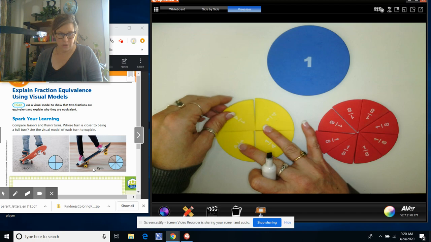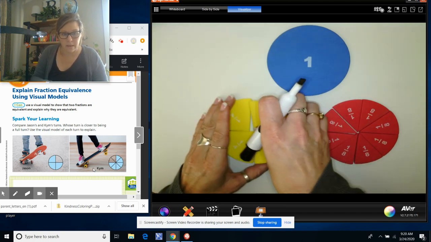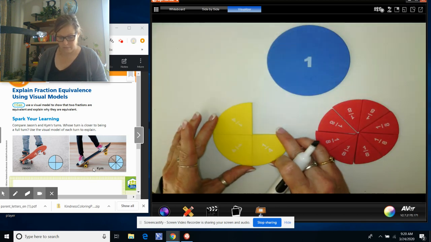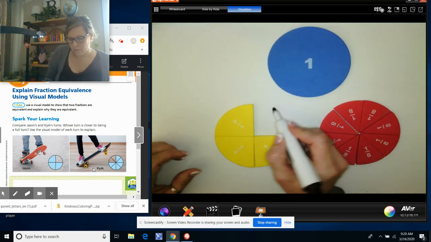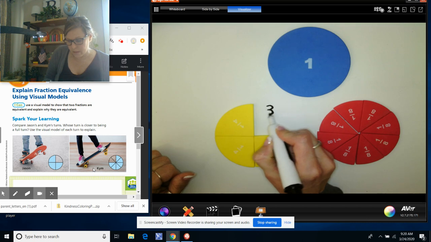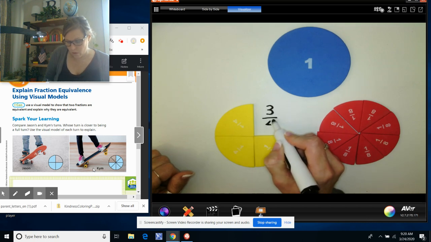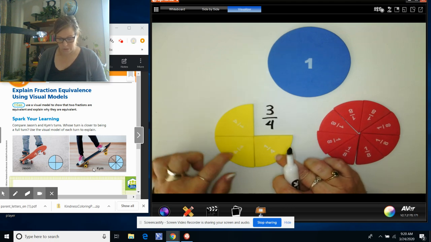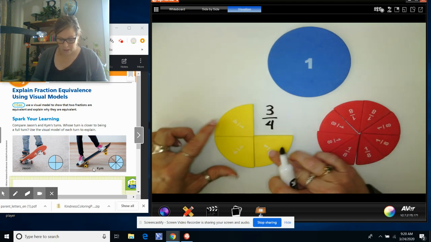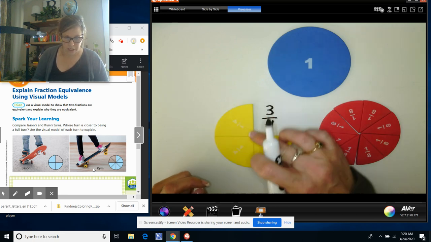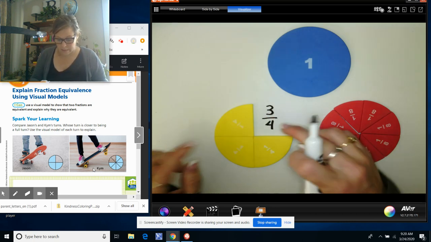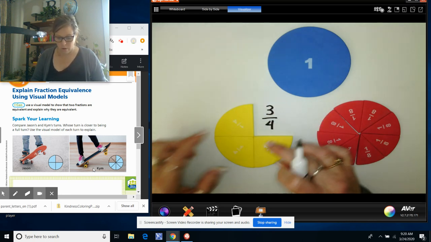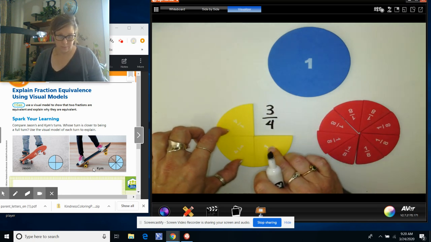But he only turns, well, I'll take the one away that he did, 3 of those 4. And so we can represent this as 3 over 4. So the whole is broken into 4s, 1, 2, 3, and then that 4. But only 3 are shaded in. And in his case, that means he's only turned 3 out of the 4 pieces or parts.